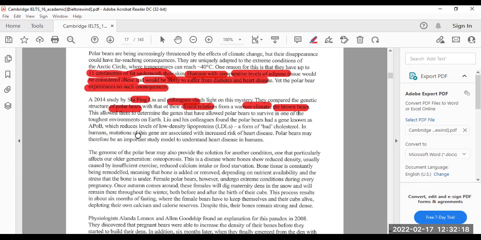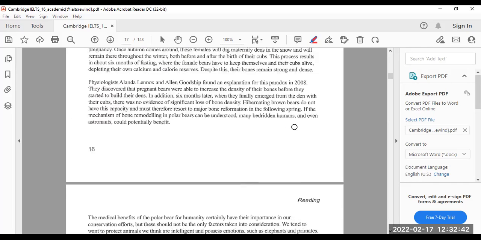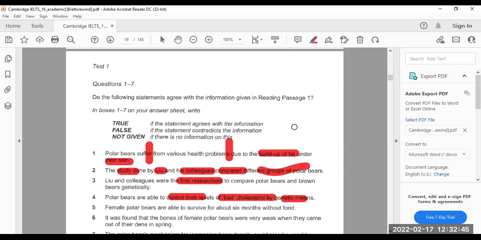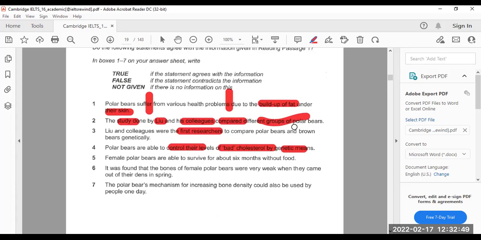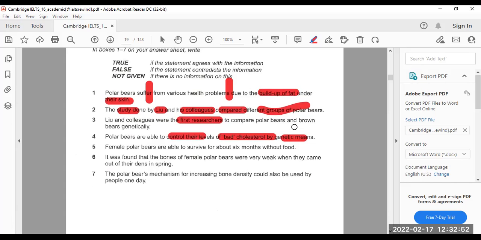So here, Liu and his colleagues found the polar bear had a gene known as APOB, which reduces the levels of low density lipoproteins, a form of bad cholesterol. So yes, they have a low density lipoprotein, a form of bad cholesterol. So the given statement is true. They are able to control the levels of bad cholesterol by genetic means.